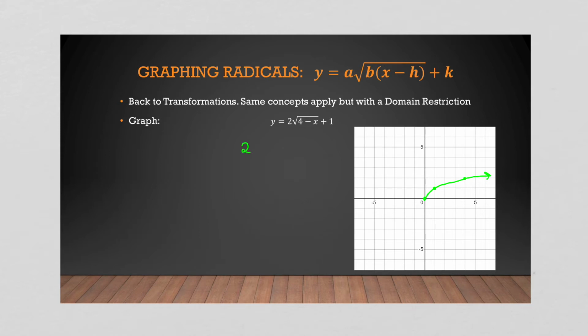Well, this is 2, and then again, in your function, you want to factor out the -1, because that adjusts your horizontal reflections and your horizontal translations. So this is our function. So what is happening to our y values?